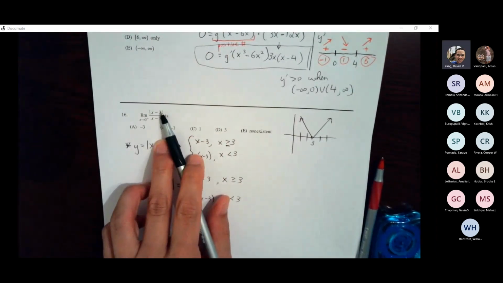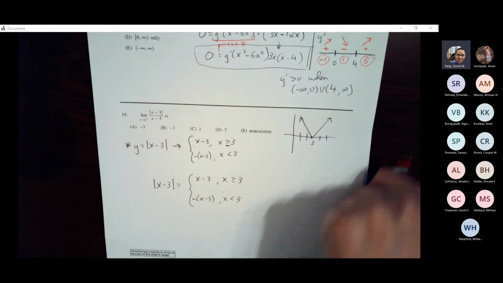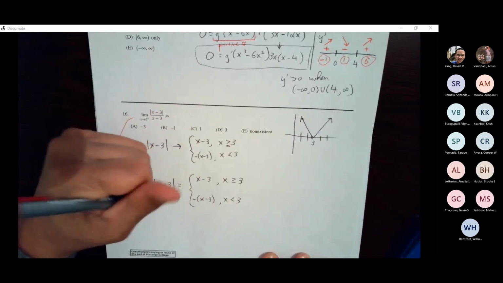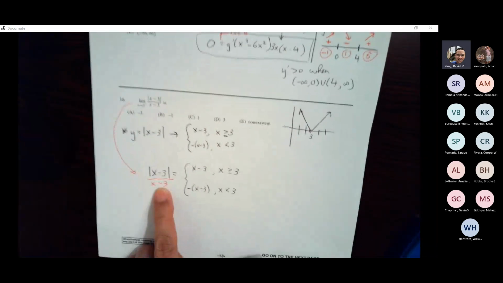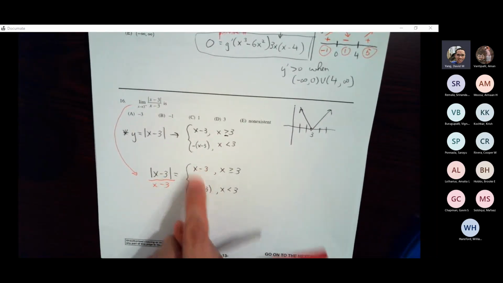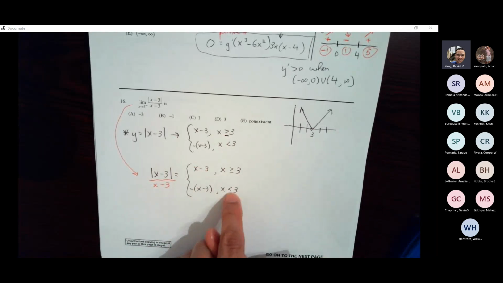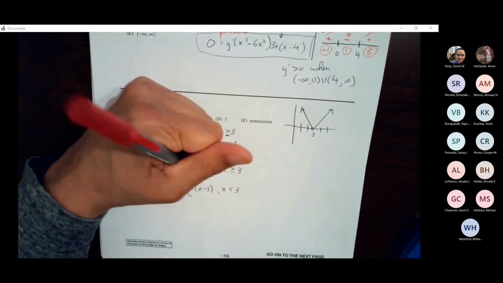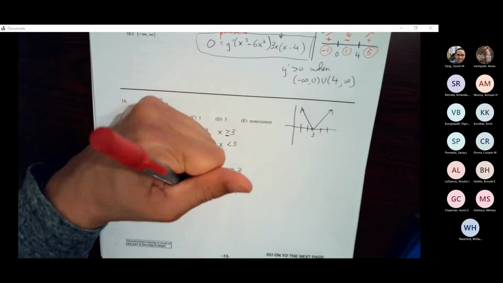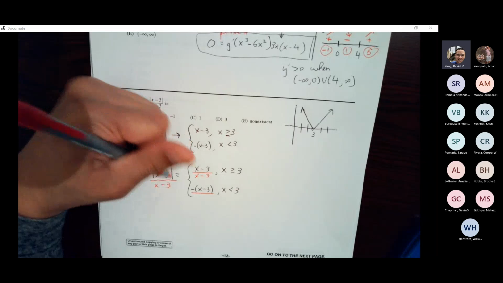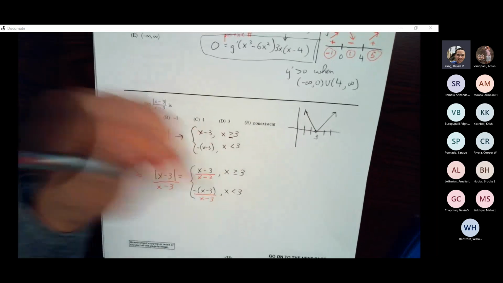So the absolute value of x − 3 divided by x − 3 would then look like this. What if I just divide by x − 3 in both of my piecewise parts, because this is really spelled out and defined as both portions, one to the right of 3 and one to the left of 3? I'm just going to transfer it over to the true defined linear version of the absolute value of x − 3.